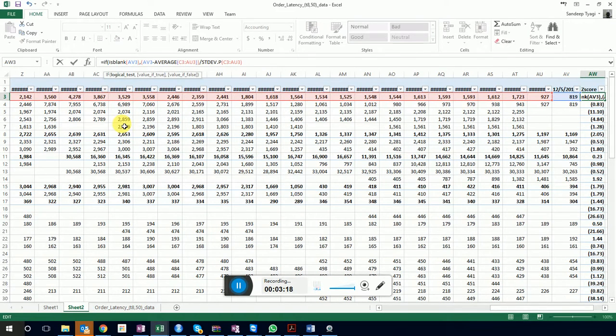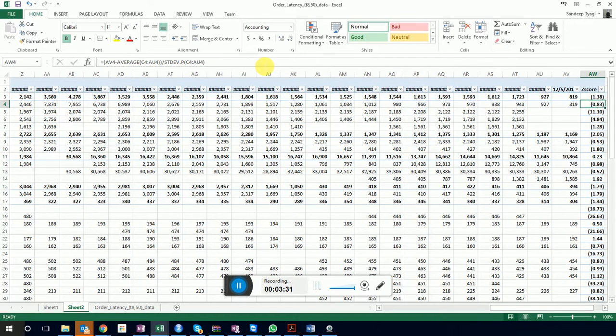If it is blank, then I don't think it is different, so I'm going to put a 0 there. And if it is not blank, then I'm going to use this formula for standard score or z-score, and that gives me a measure of how different the value is. So now when I copied it all down, this number, when it's comparing 0, is putting a 0, which is what I want from it.